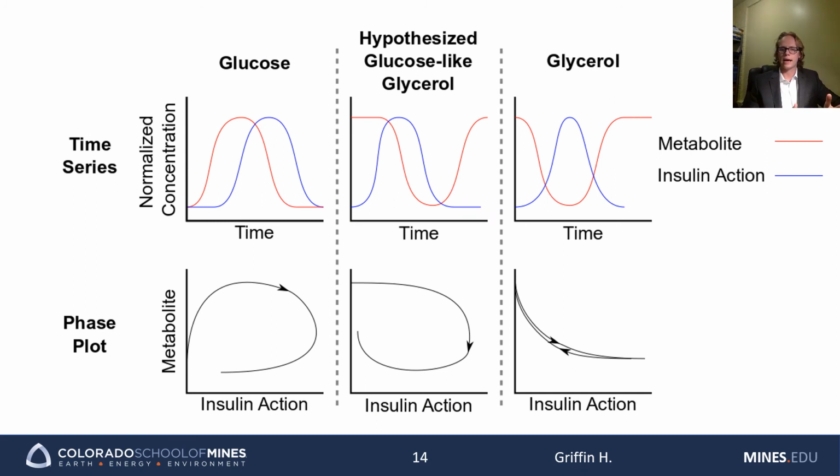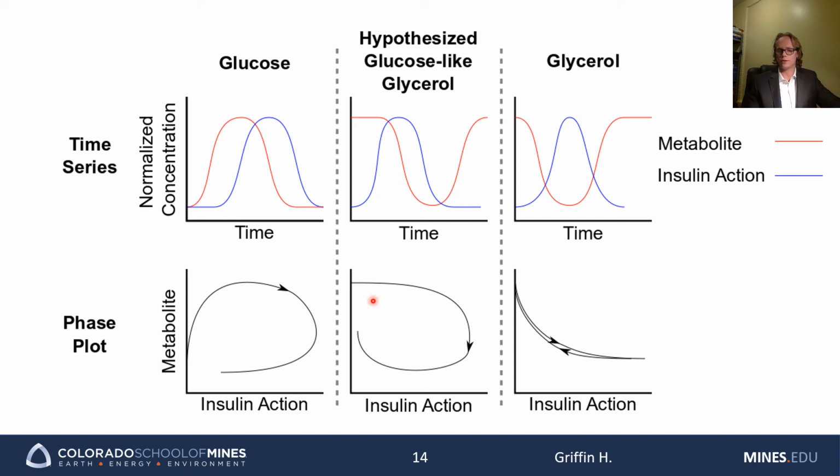So let's unpack these phase plots a little bit more relative to the time series they come from. So we can see on the far left, we've got our glucose time series and our phase plot for glucose. As we saw, it's a cyclic pattern, a you-go, I-go pattern, right? Now, if we were to see the same type of shape in glycerol, or our hypothesized glucose-like glycerol, we would expect insulin action to increase, followed by a decrease in glycerol as insulin action stayed constant.